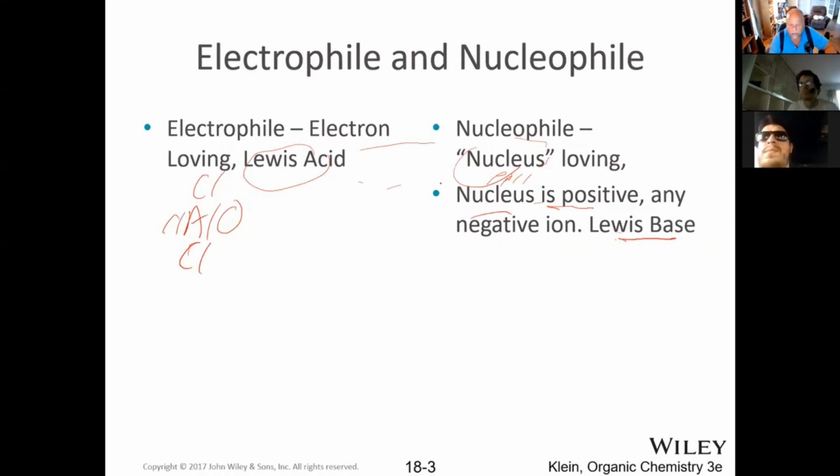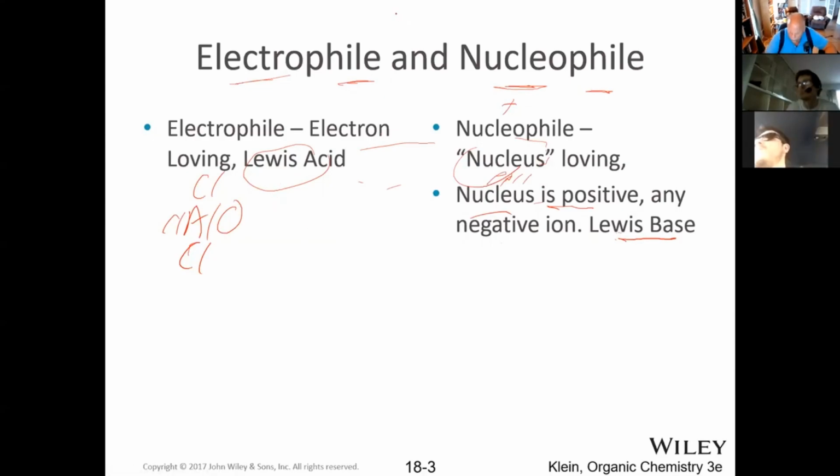An electrophile is electron loving, from the Greek, and this is the nucleus loving, or positive loving. It looks for an electron pair. So that's a Lewis base, which is an electron pair donor, which gets added to it. And then the Lewis acid is the electron pair acceptor.